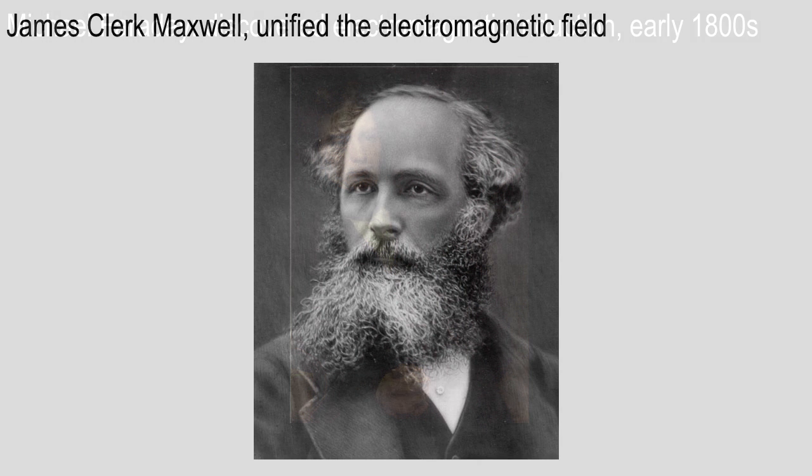Another famous guy came contemporaneous. He was young when Michael Faraday was getting older, James Clerk Maxwell. What he figured out was how the magnetic field and the electric field that Faraday discovered were connected. Faraday figured out that they were connected and dynamic.